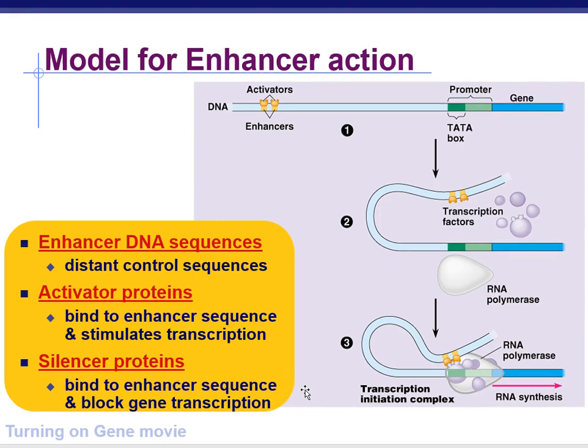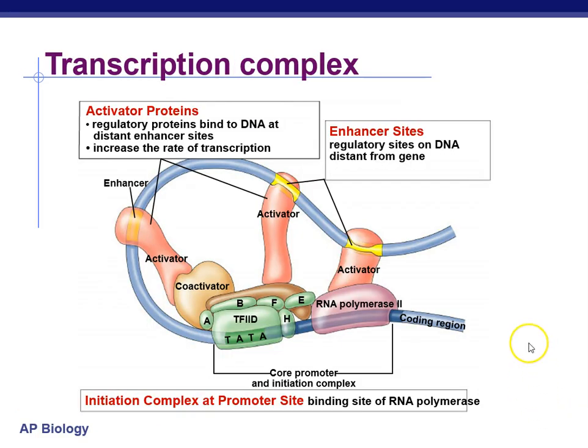Silencer proteins can bind to enhancer sequences and actually block the gene transcription so that this wouldn't happen. In this picture, in this model here, we're seeing activators bind with the enhancers. So it looks like this. This looks very complex.